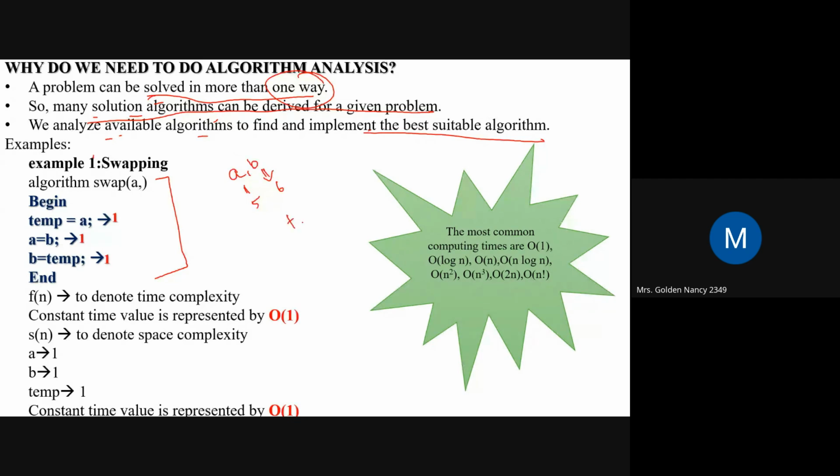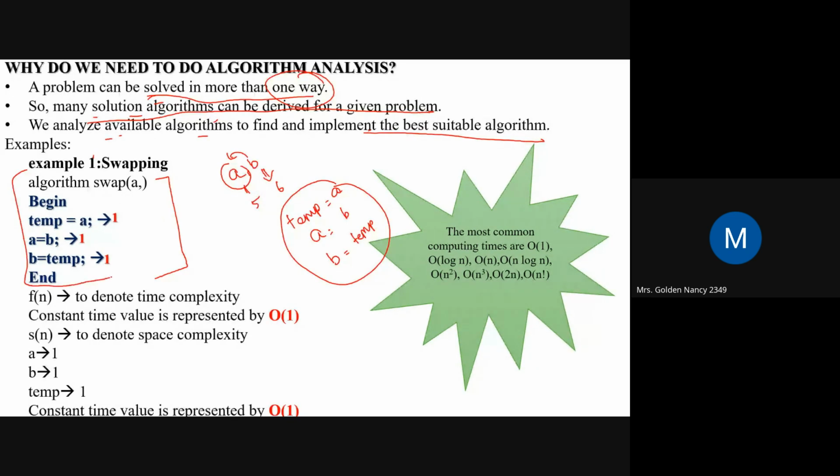I'll create a temporary variable and first put the value of a there. Now a is empty, so I'll put the value of b into a. Then I'll put the value of the temporary variable into b. Likewise you can swap. So how are the time and space calculated in swapping? Here this is the algorithmic part.